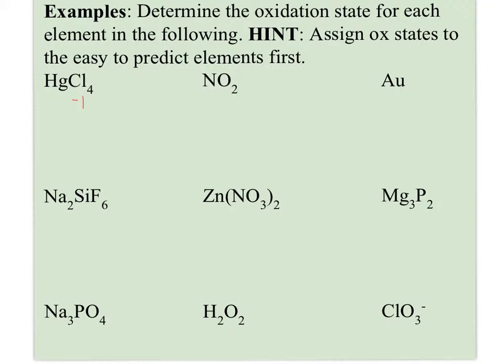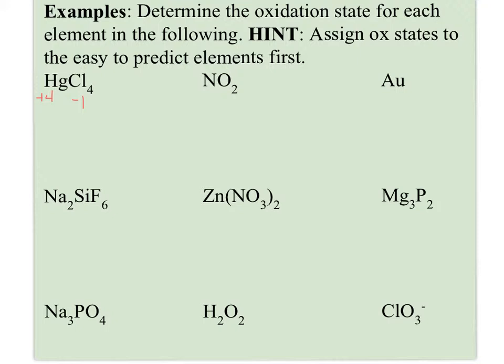So if chlorine is -1 and there are 4 of them, that means the one mercury has to have a charge of +4 so that this adds up to 0 overall. So what that really is telling me is that mercury has lost control over 4 of its electrons, and each of the chlorine atoms has gained control of 1 electron.